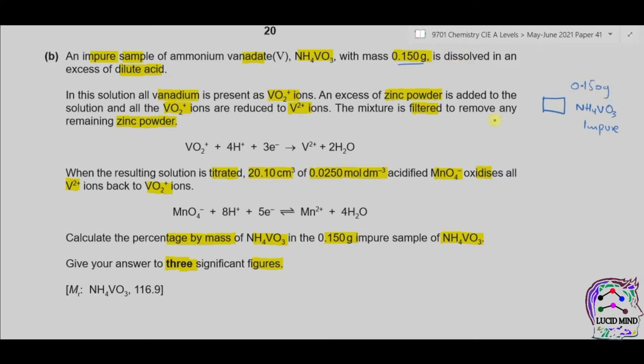We have dilute HCl in excess and also zinc powder is added. So now it gets converted into V+2.